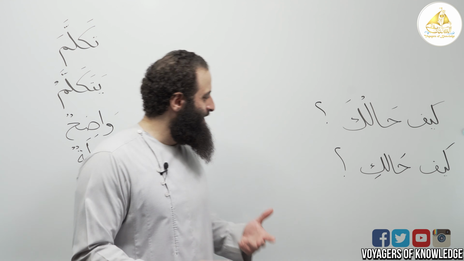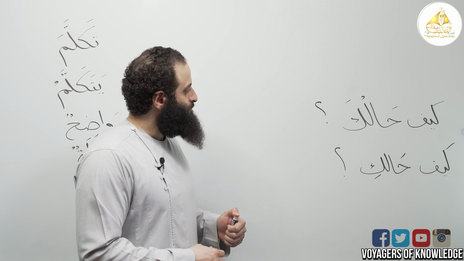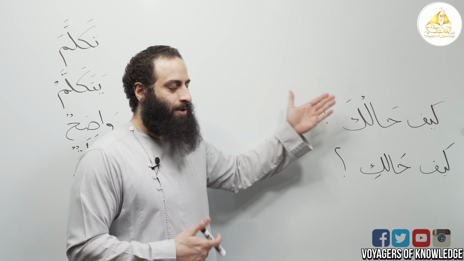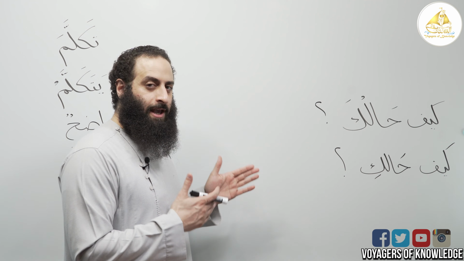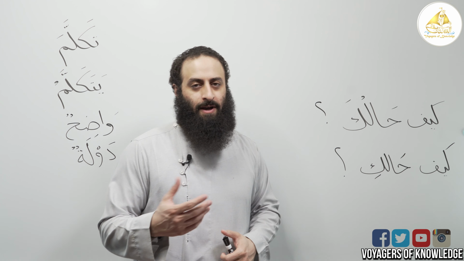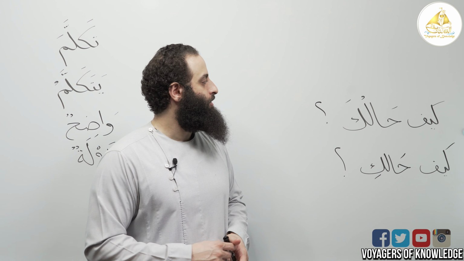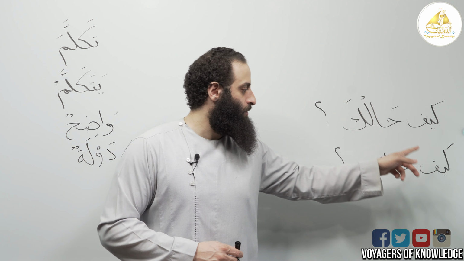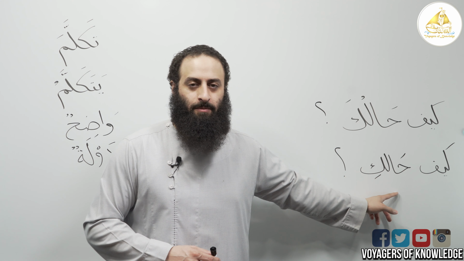There's something I always have to point out because people tend to forget. If you're talking and you get to the end of your sentence, you would normally say كيف حالك with a sukun, and it will be said the same if it was for a female.